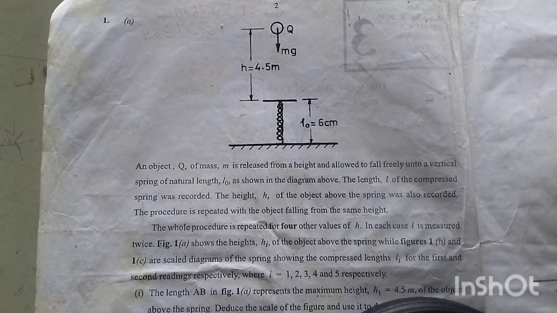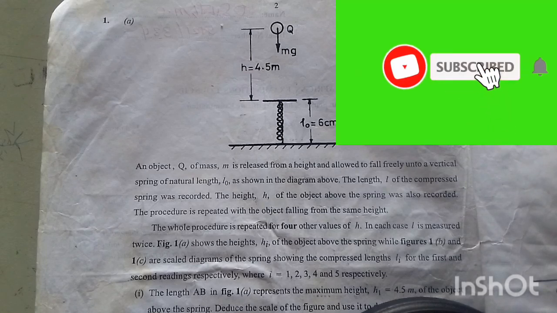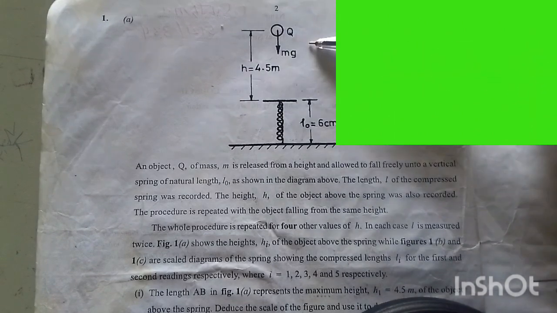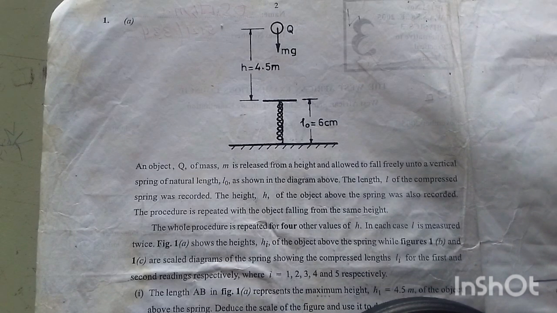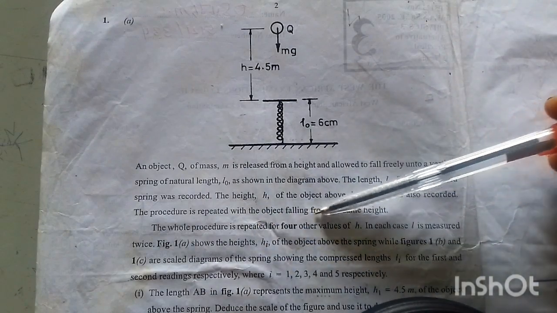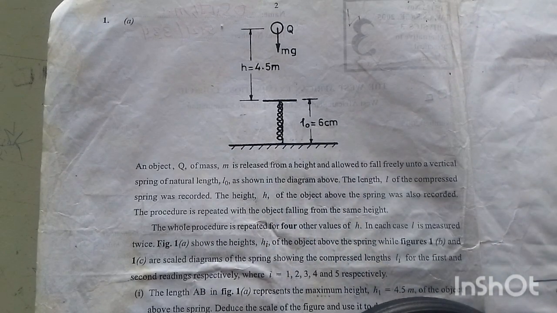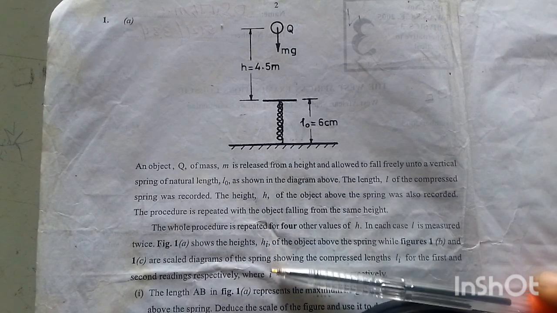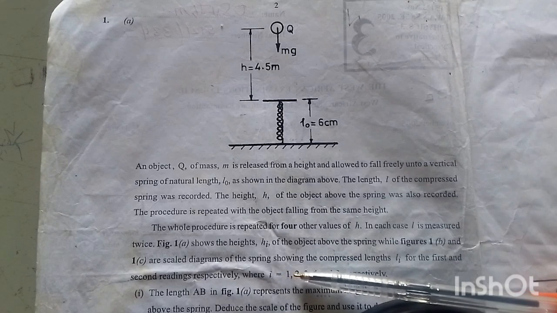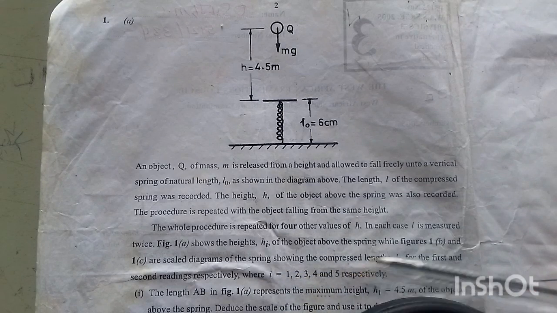The procedure is repeated with the object falling from the same height. The whole procedure is repeated for 4 other values of height. In each case, L is measured twice. Now figure 1A shows the heights Hi. Of course, this i is just an integer, where i is equal to 1, 2, 3, 4, 5 respectively.